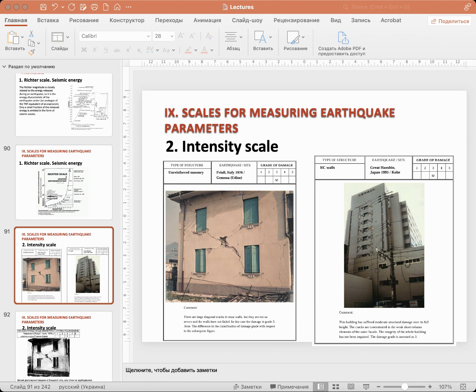We had to discuss the Richter scale because it is very important for us to know how that scale is connected with our intensity scales.